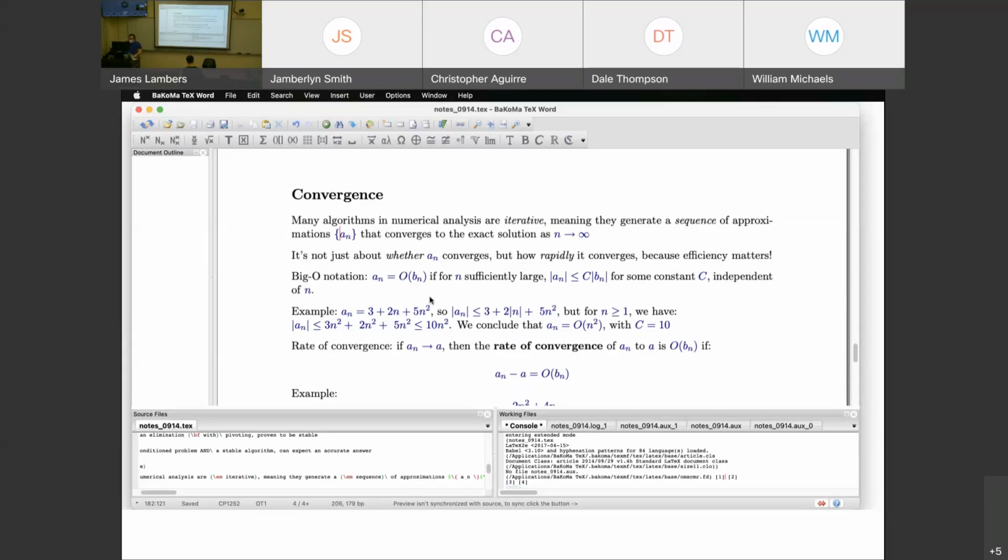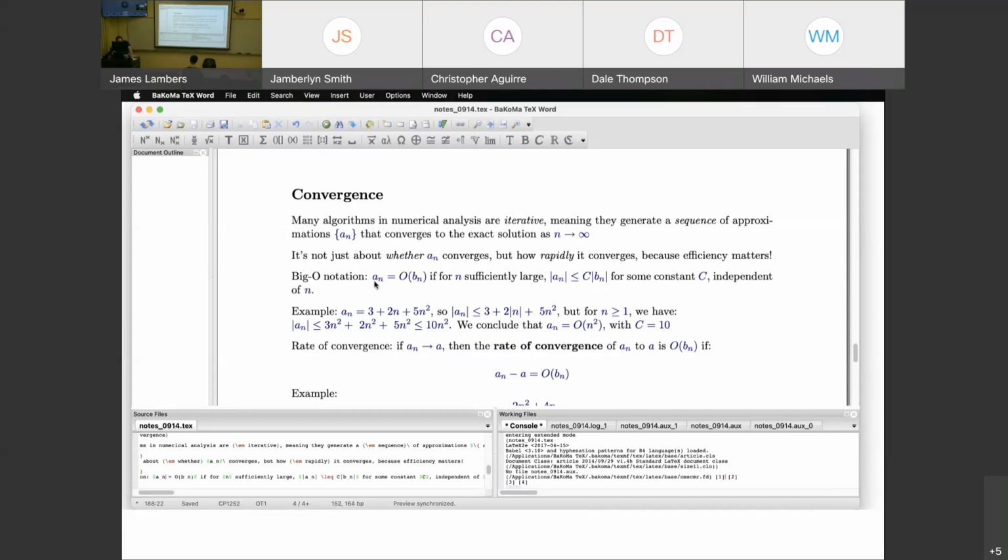So here's some notation to help us discuss convergence. Big O notation. We have two sequences. You can think of a sequence as a function of the index n. Basically, it's a formal definition of a sequence: a bijection in which the domain is the natural numbers.